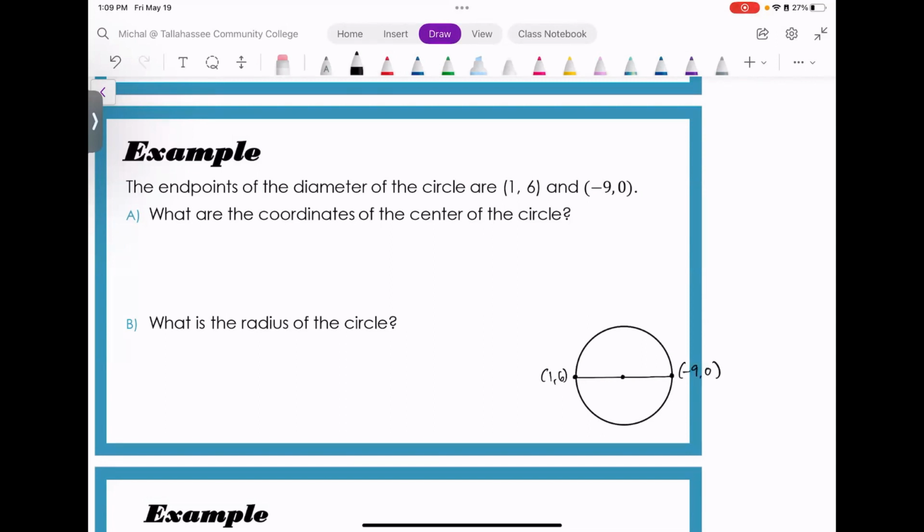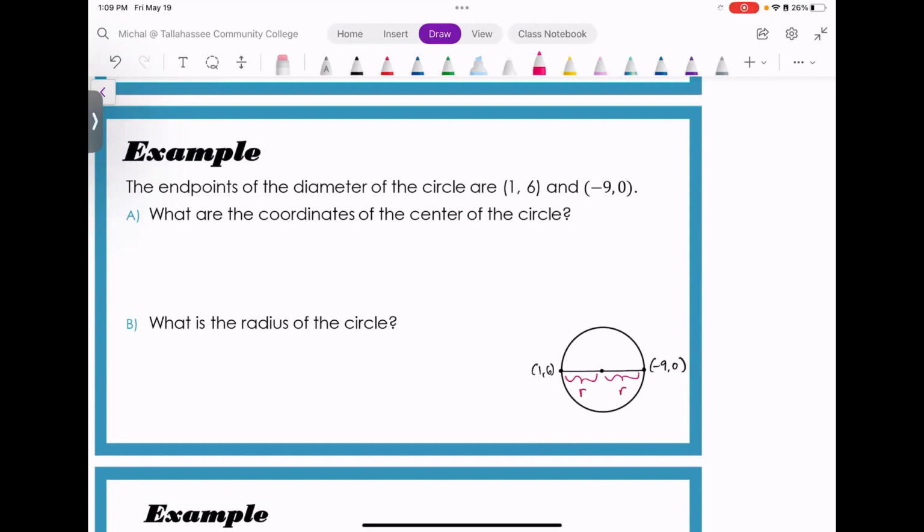Now, the reason I say this is a generic circle and that it's not drawn to scale is that if we were to look at this on an actual graph, the point -9, 0 would be to the left and down of the point 1, 6, but here it appears on the right. I'm just using it as a placeholder to remember that I have the endpoints of a diameter and that the distance between the diameter and the center is r.